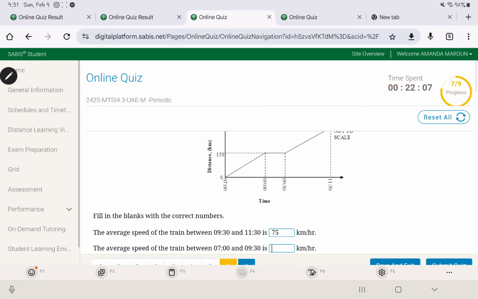We move on to the next one. Here there is also a distance of 150 because they said from 7 to 9:30. So also a difference of 150. Here it's a difference of 2 hours and 30 minutes. So we cannot deal with minutes. We need to change it to hours.